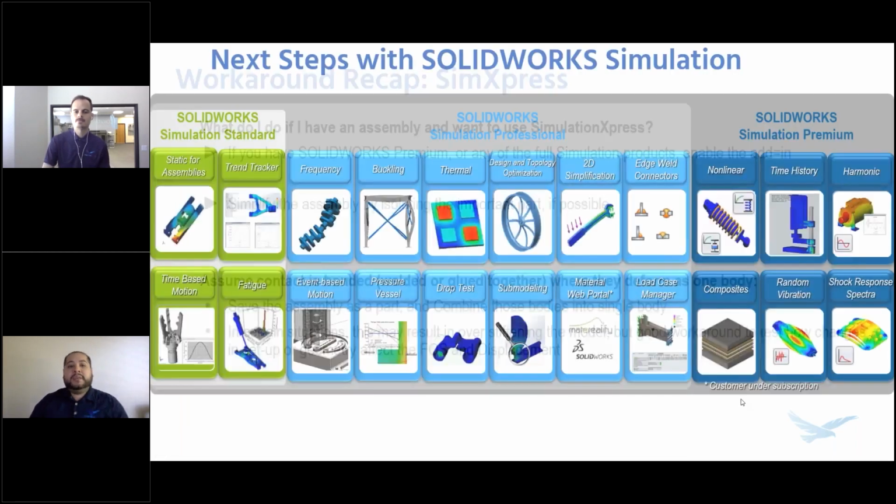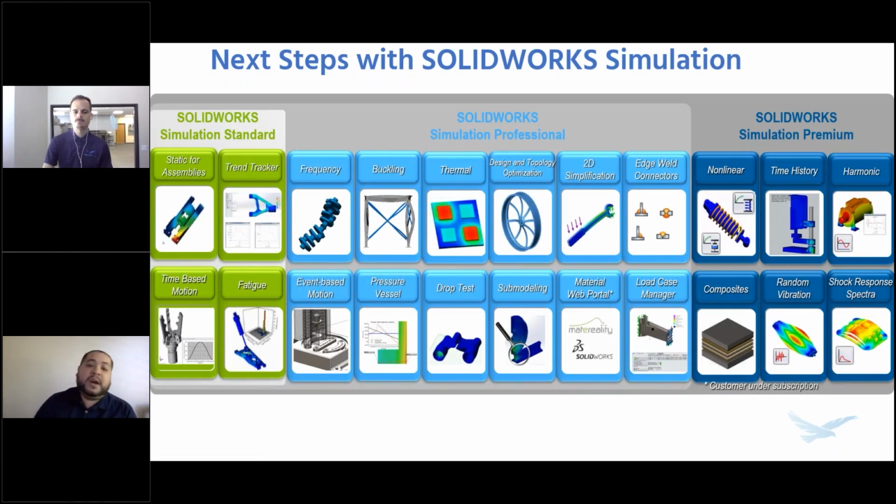Now, how can we take this further beyond SimulationXpress? Well, in order for us to be able to lift that limitation of multi-body parts and utilizing assembly, we can introduce the full-blown studies here, like a static study for assemblies and parts.